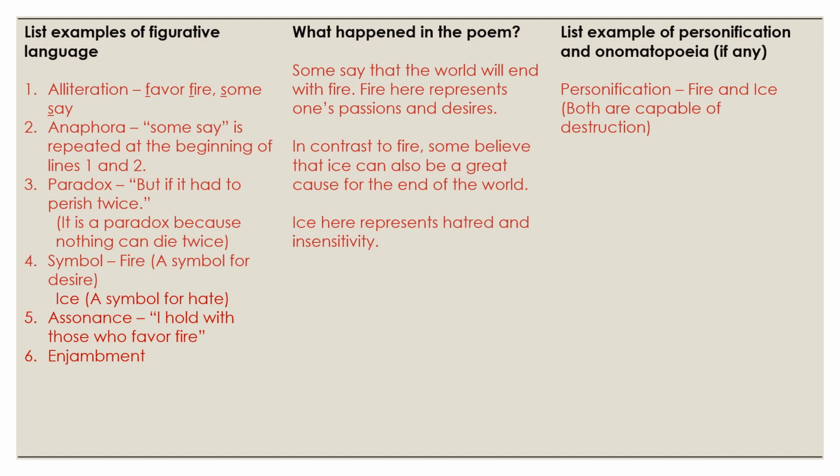Here, fire represents one's passions and desires, and we know that human desires are quite limitless, unbridled, uncontrollable. In contrast to fire, some believe that ice can also be a great cause for the end of the world. Ice here represents hatred and insensitivity. We have also a poetic device named personification in the poem, and that is fire and ice, because both are quite capable of destruction.